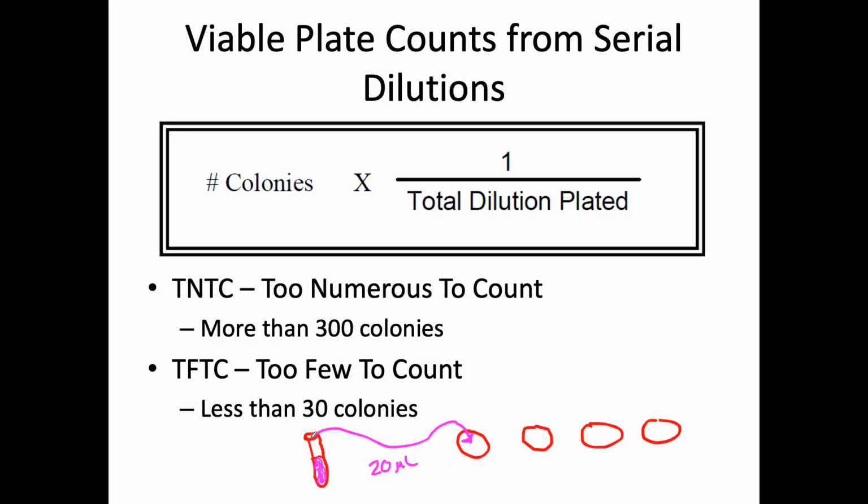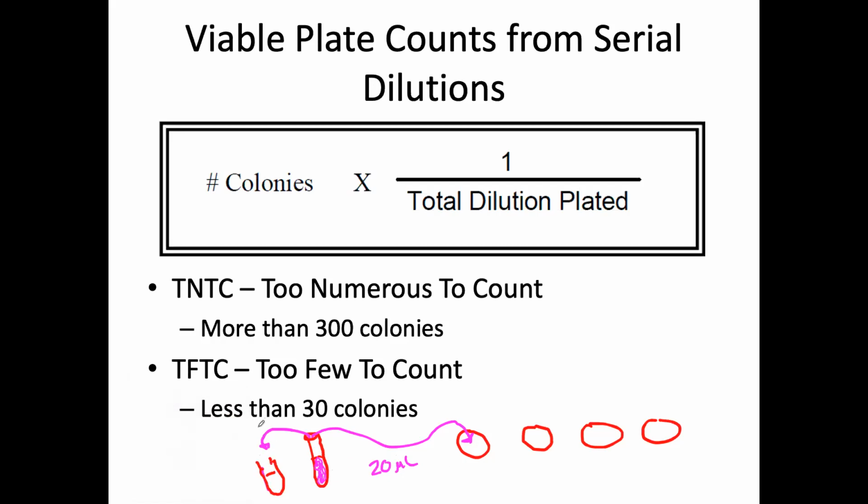And then you would take 20 microliters of a 1 to 10 dilution. So what you would do is you would have another tube. You'd have media in it, liquid media.